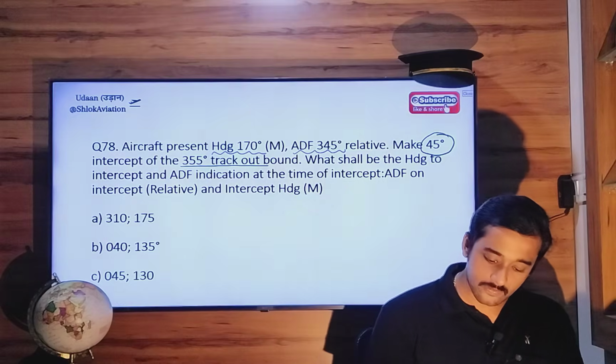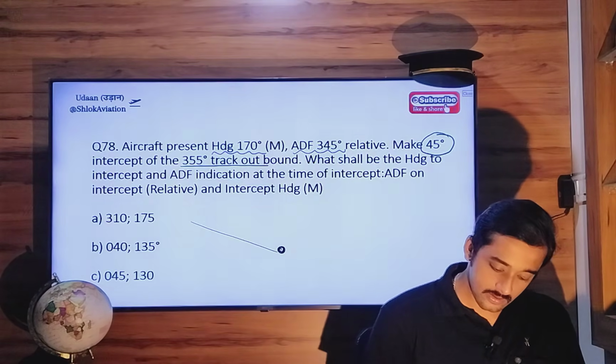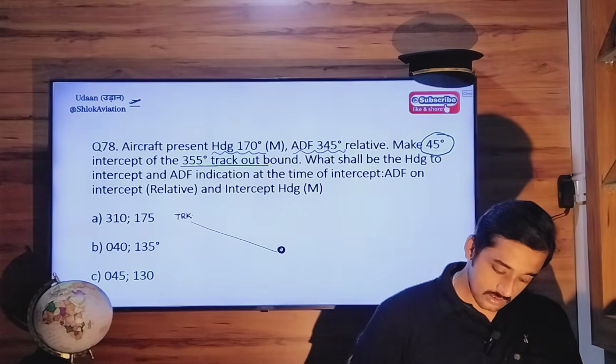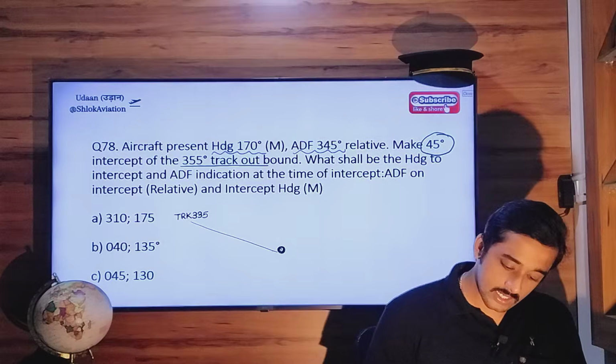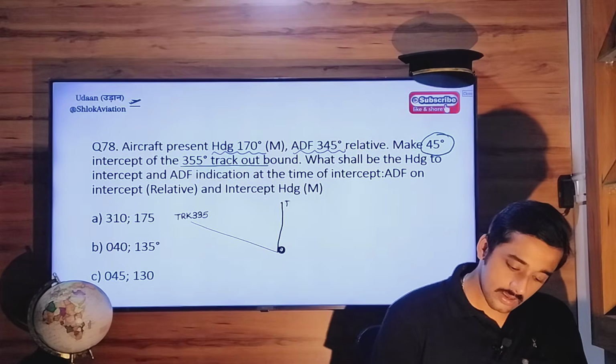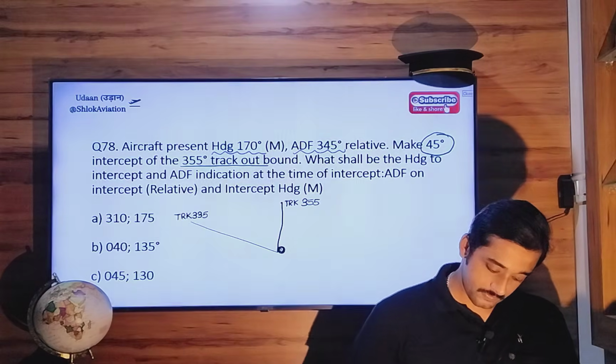So I will draw it here. This is the station here. This is the track 355 outbound.